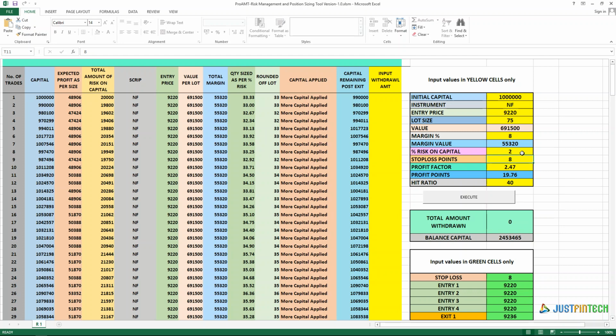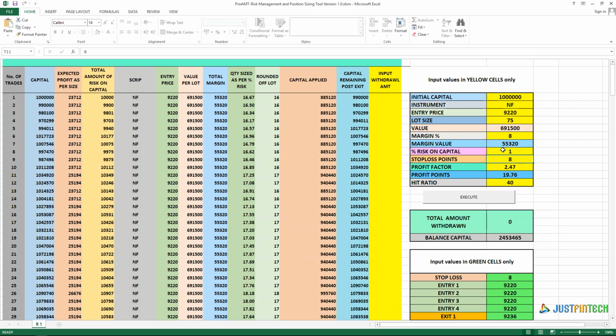So this will automatically show that it's not tradable. So whenever this more capital applied comes, either try to lower the risk, but that is dependent on what type of risk you want to take. And then you can press execute and you will get this calculation.